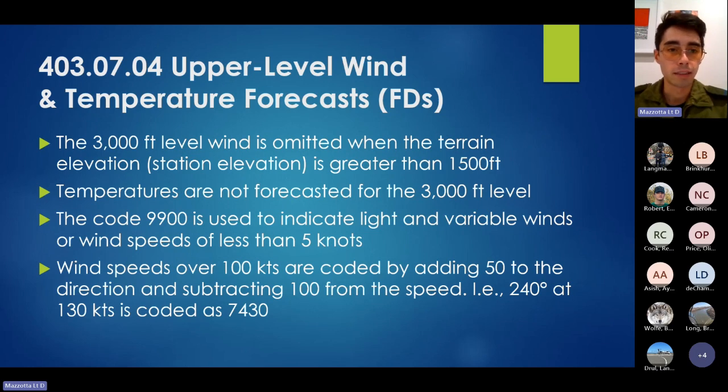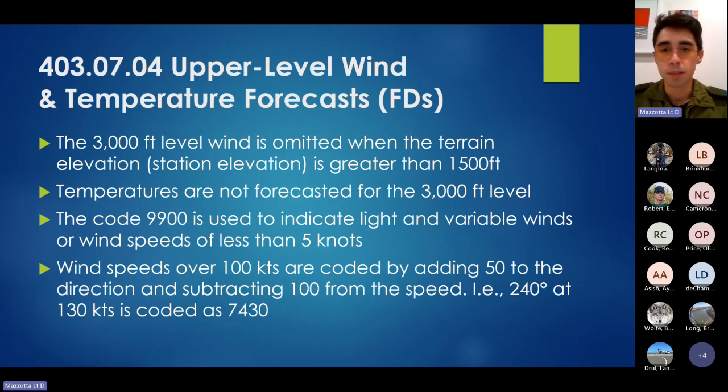The code 9900, just like METARs and TAFs, if the winds are light and variable and less than 5 knots, you might see those. And wind speeds. So this bottom point here is actually for the wind speeds above 24,000 feet. If the wind speed is over 100 knots, they're going to be coded by adding a 50 to the wind direction and subtracting 100 from the speed.